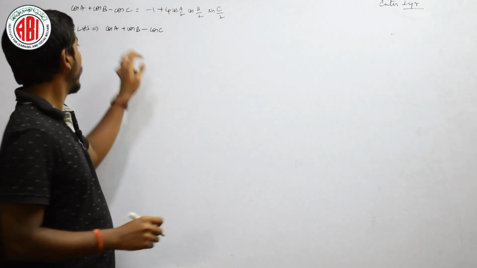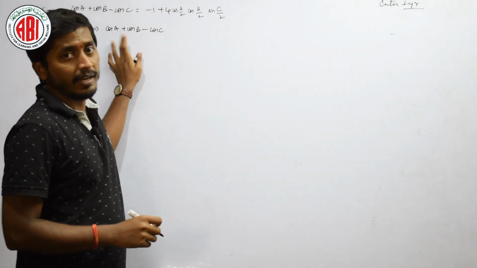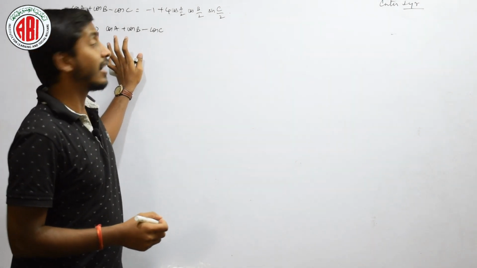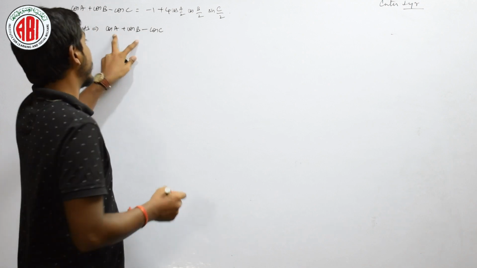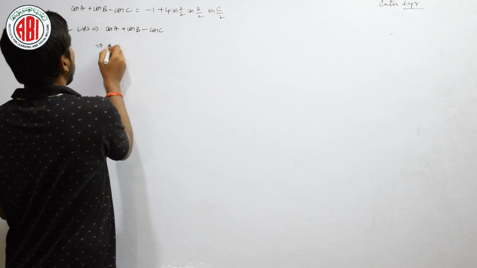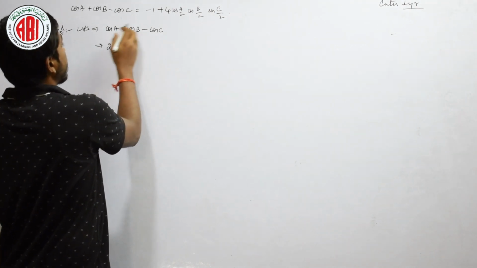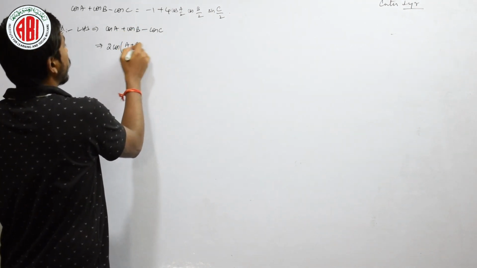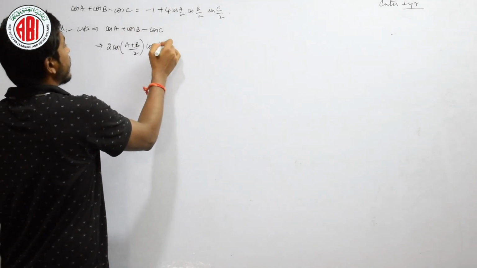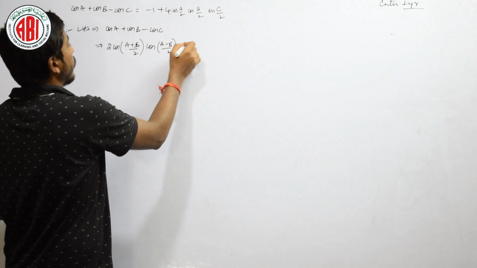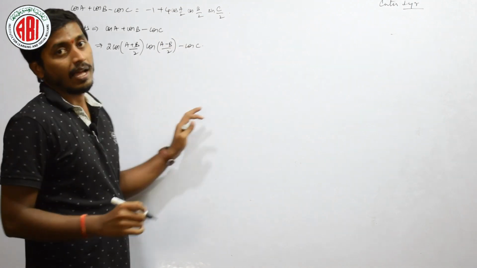Do we have the formula for cos A plus cos B? That is our general formula, cos C plus cos D, which is nothing but 2 cos of (C plus D) by 2 into cos of (C minus D) by 2. Minus cos C stays as it is.